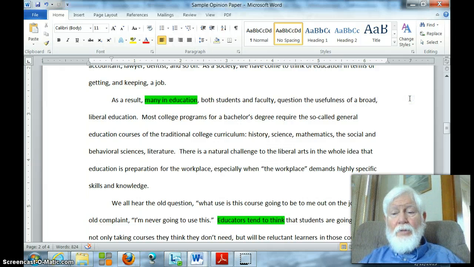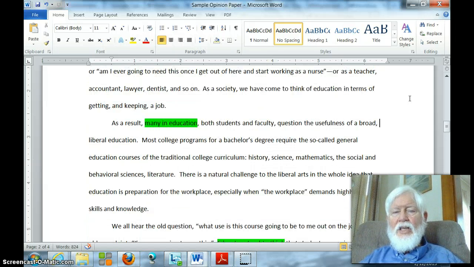We've got what people in general think, and now we have what people in education think. So we're narrowing the they, and we are continuing to identify who they are, right? Many in education, students and faculty, question the usefulness of a broad liberal education.